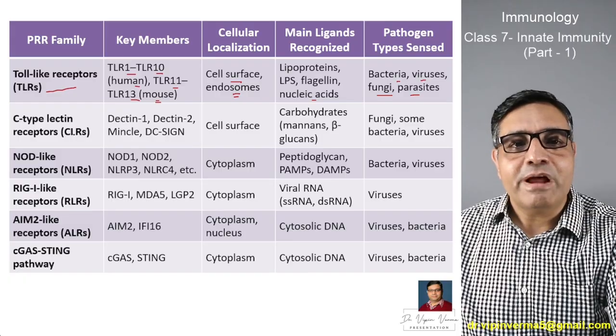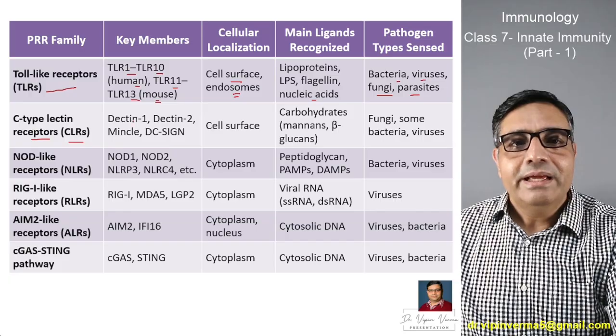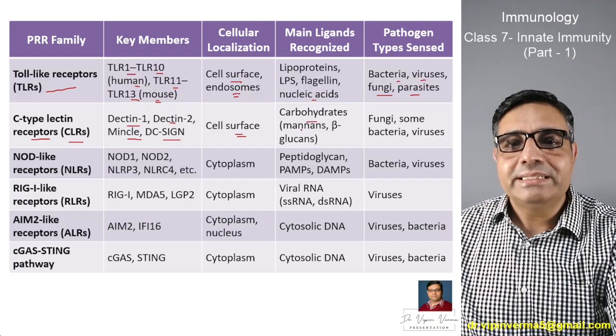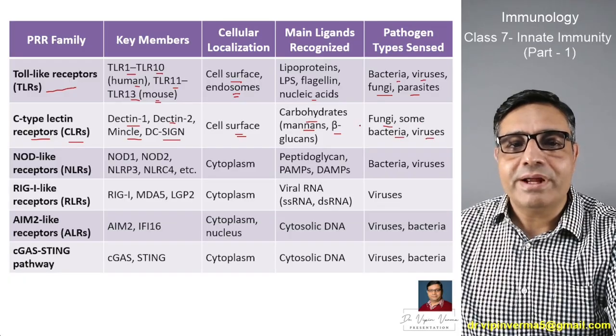Then another family is the C-type lectin receptors, or CLRs. Examples are Dectin-1, Dectin-2, Mincle, and DC-SIGN. They are present on the cell surface, and their main ligands are carbohydrates, mannans, and beta glucans, and they sense fungi, some bacteria, and viruses.